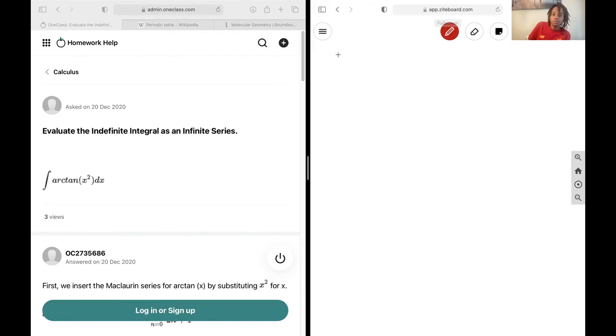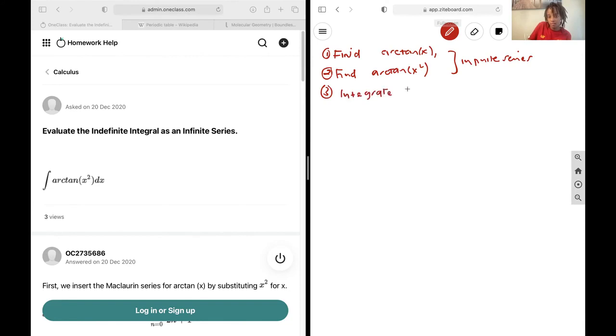So to do this, first what we're going to do is x, and then we need to find arctan x squared in terms of an infinite series, and then we integrate that in infinite series.